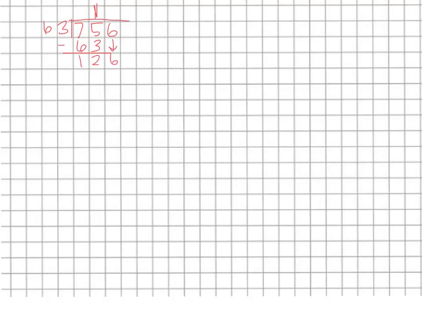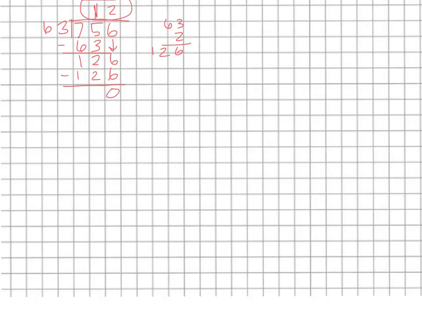Bring down the 6. Just kind of estimating, I'm thinking, okay, well, my 6 of my 63 works pretty well with the 126 and the 12 there, so I'm thinking that's going to go twice. I'm just going to really quick do 63 times 2. Oh yeah, that does go beautifully even. So then I don't have any left, so my quotient here is 12.